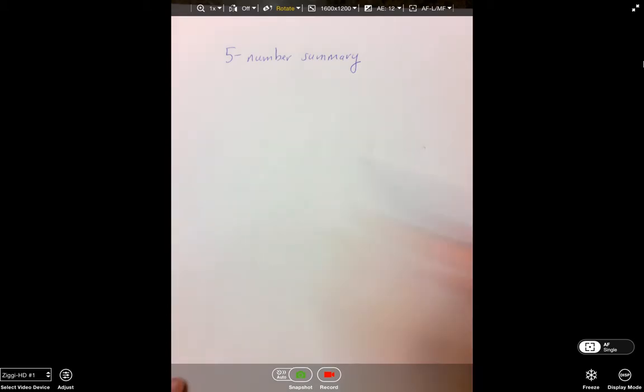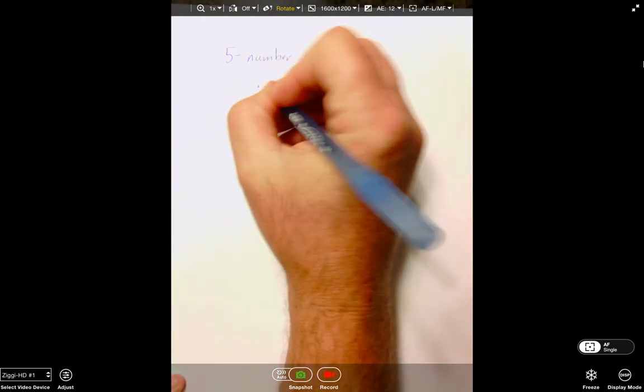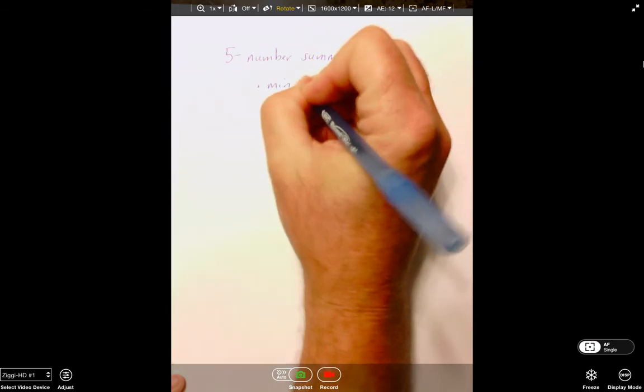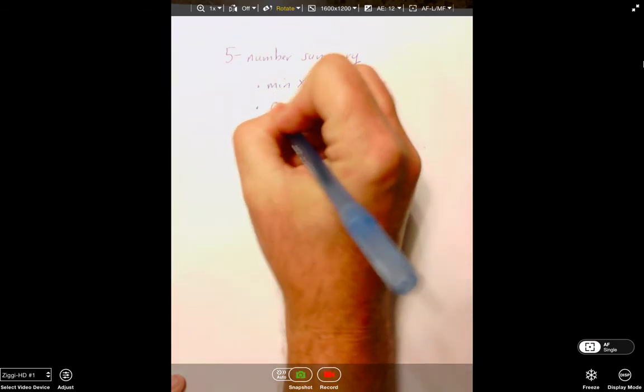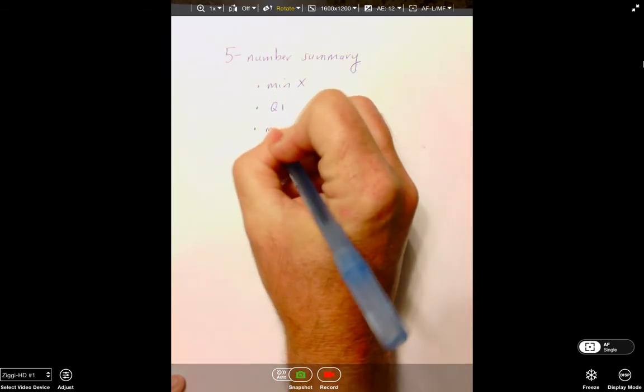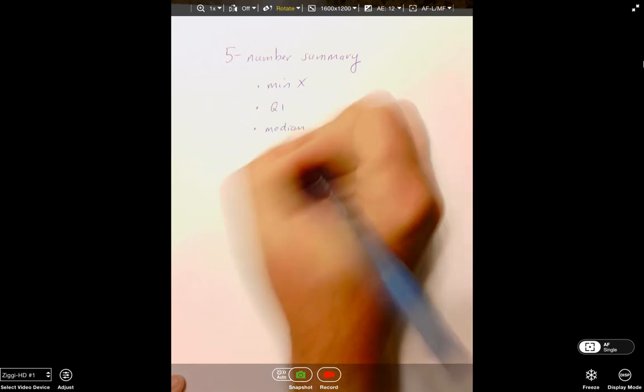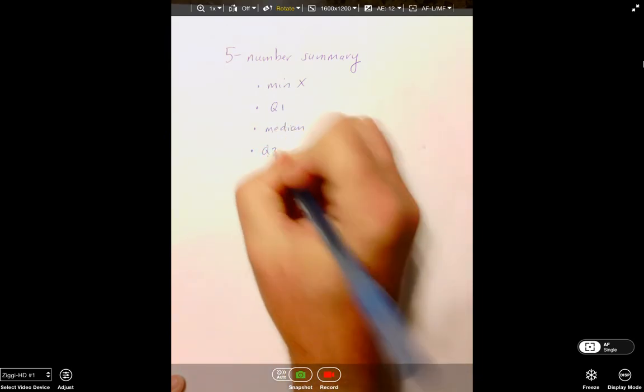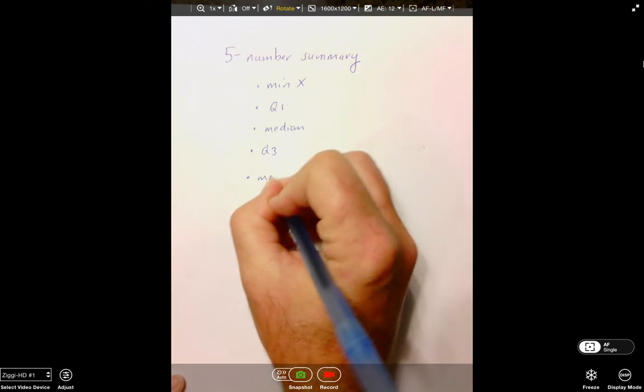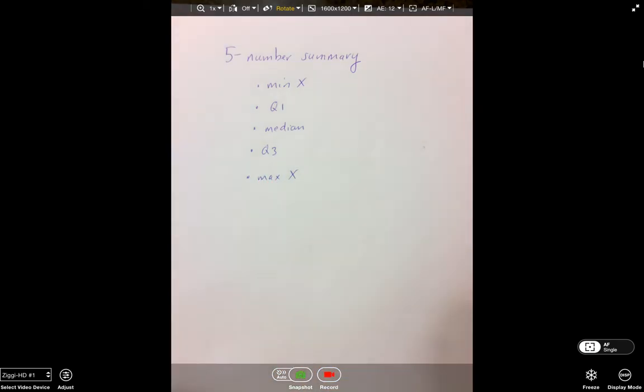So guys, the 5-number summary consists of the following: the minimum value, Q1, the median, Q3, and the maximum value. Okay? So gang, our 5-number summary is 47, 60, 79, 82, and 92.